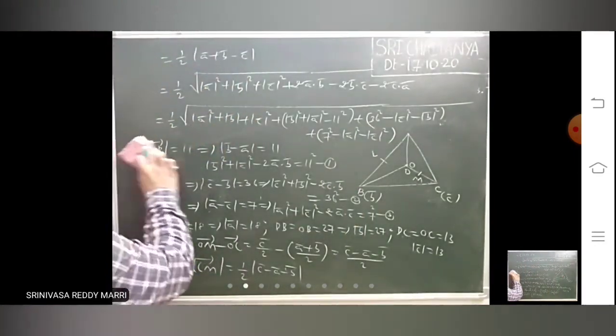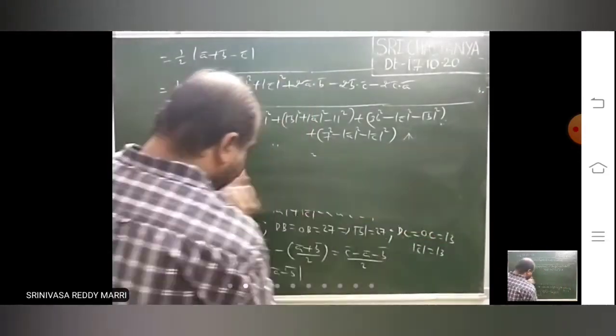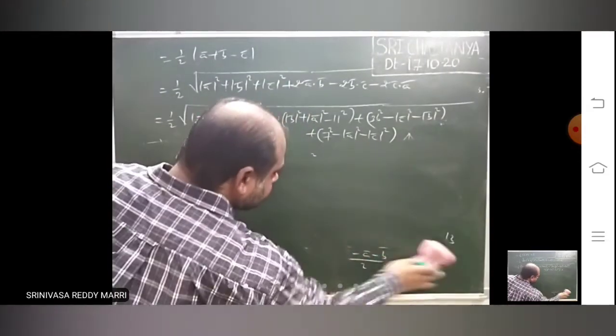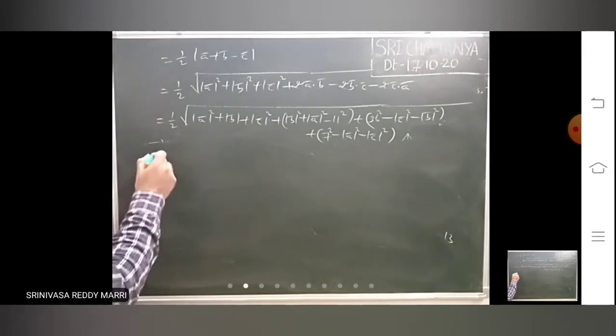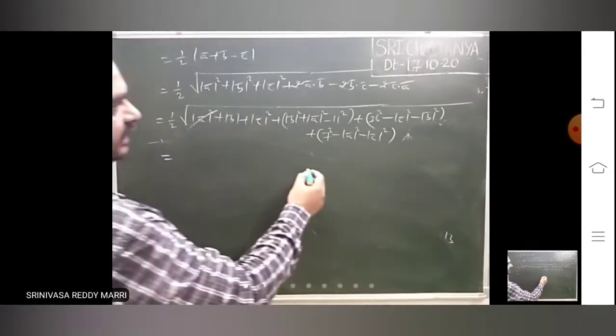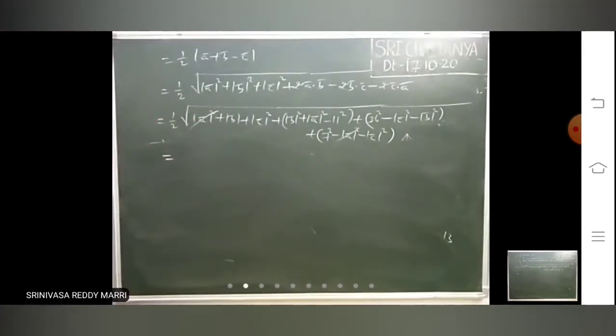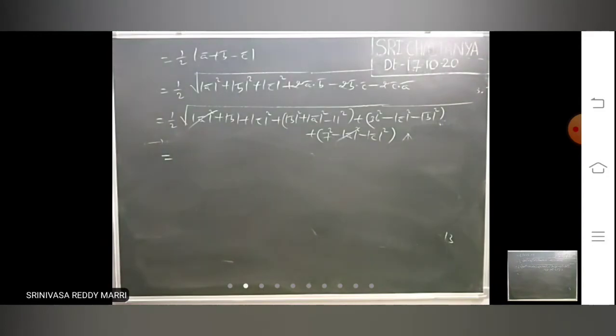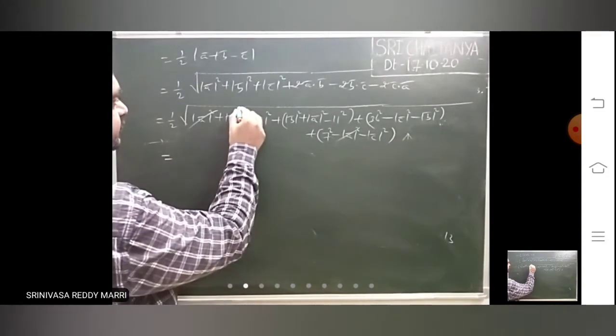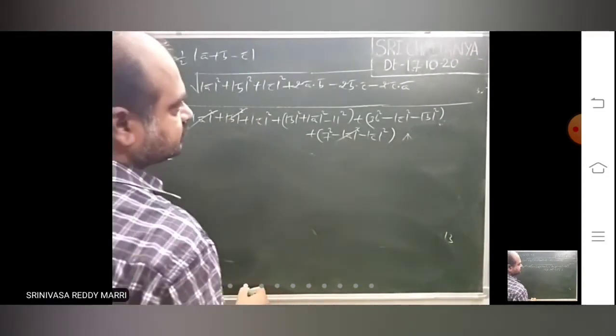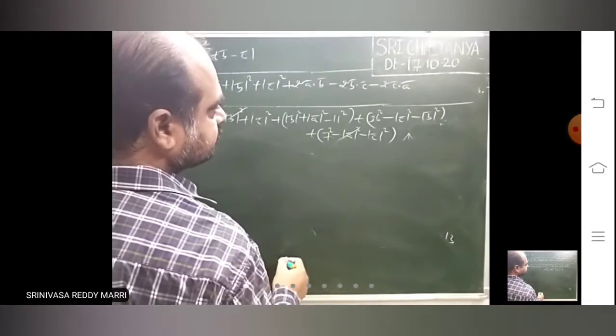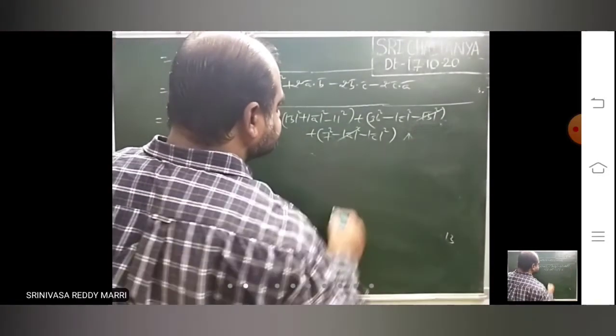so this is converted. So what will you get here? Modulus A bar square cancels. Modulus B bar square cancels.